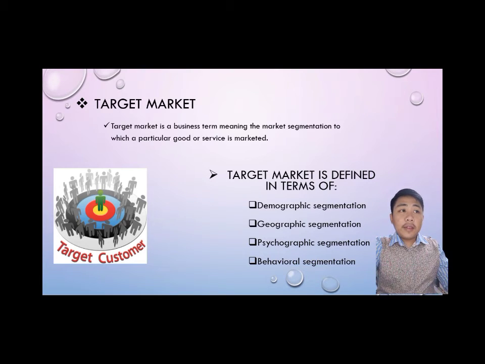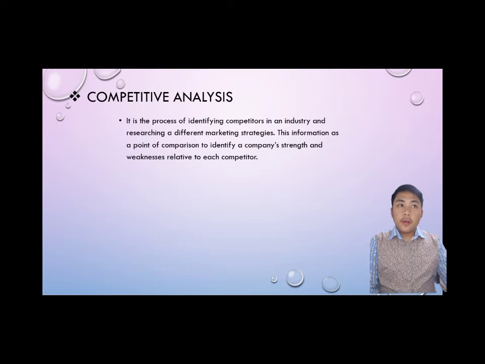And psychographic segmentation: the psychographic variables derive from two principal types of customer profile, personality profile and lifestyle profile. And behavioral segmentation. Behavioral segmentation is based on the customer's attitude towards, use of, or response to a product.